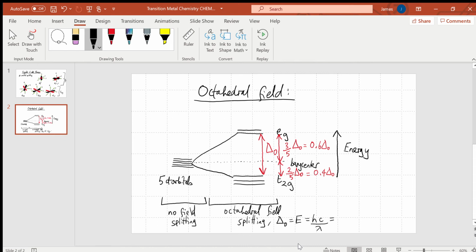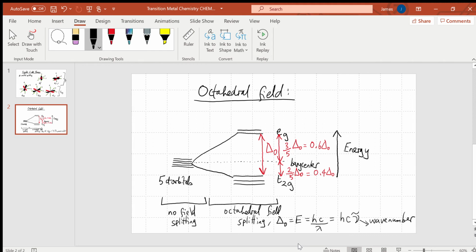And possibly not in this video, but in another video, we'll convert that to a value called wave number. So we'll say that that's equal to hc nu with a squiggle on the top, where this is wave number. But more about that in a later video.